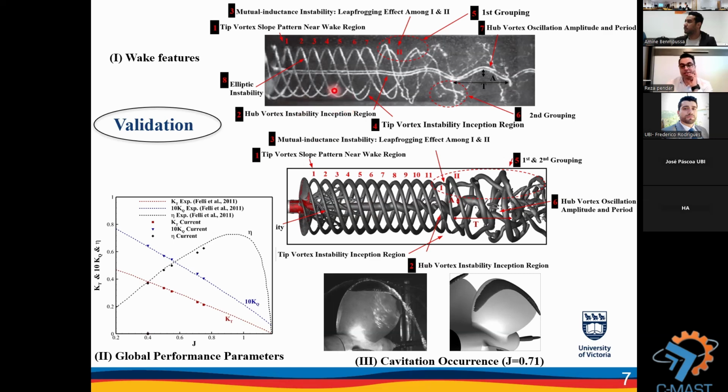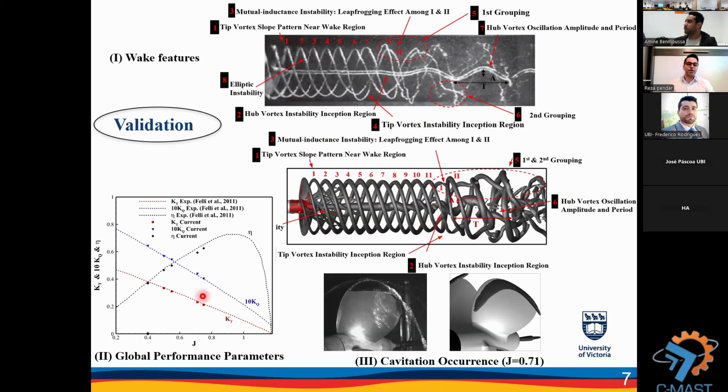It shows the strength of our modeling because we could successfully capture the tip vortex, hub vortex, their instability, and other flow features like mutual inductance, first and second grouping of the hub pattern, and others.